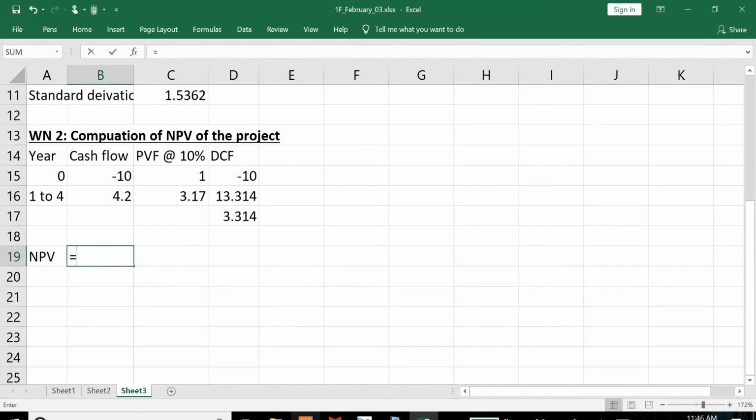You can write it as finally as normal number. The NPV is 3,31,400. That's the NPV we are looking at from the project.